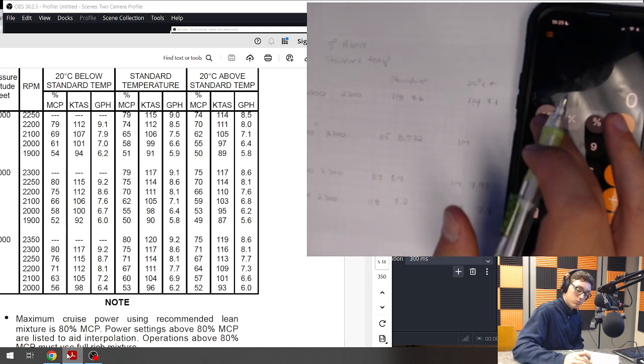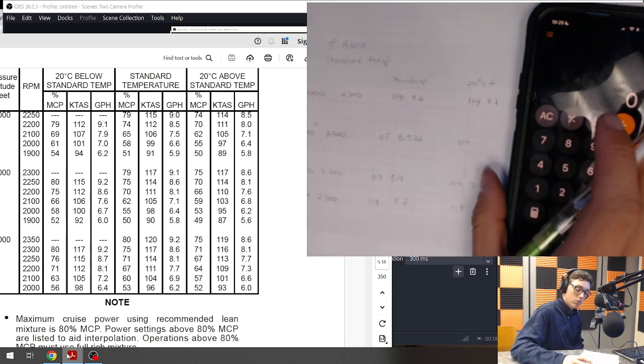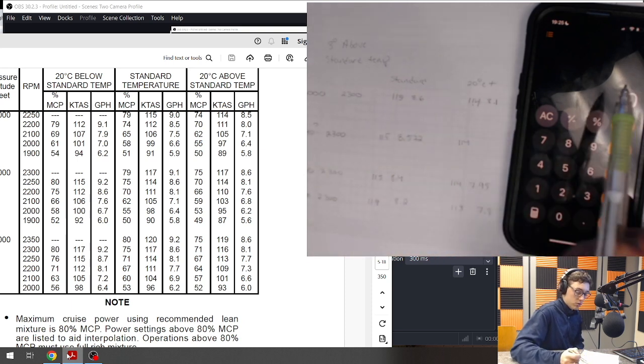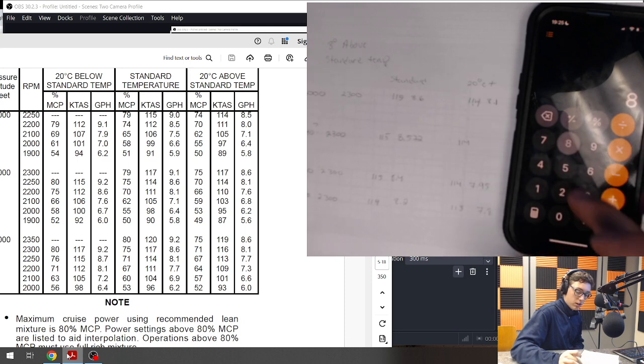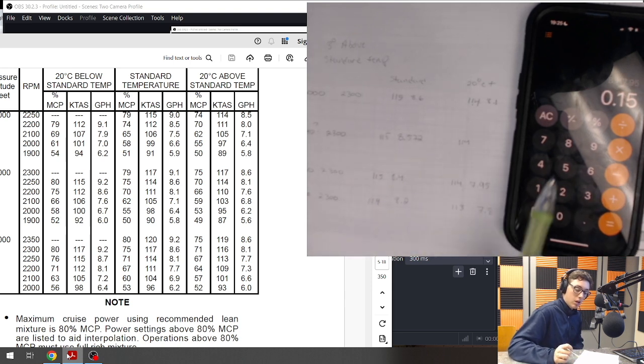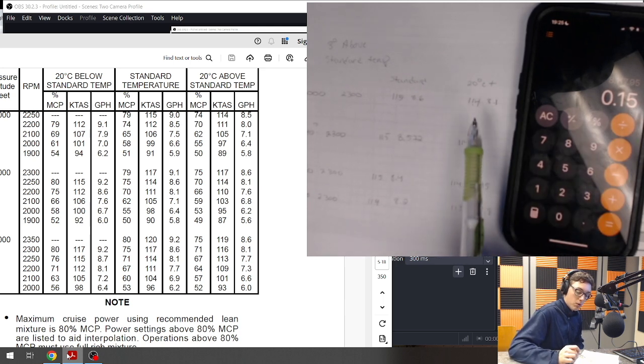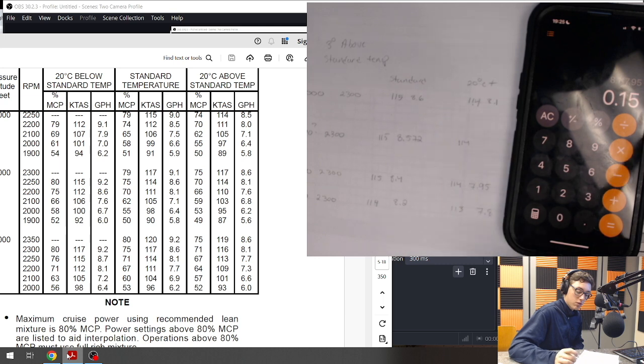Let's go over here. 114. What am I looking for? I'm looking for what I'm operating at, 6,140. So I'm going to do 8.1 minus 7.95, the difference of that, 0.15. What do I do with that? I need to find 14% of it. Why?